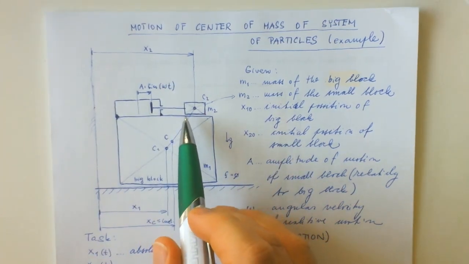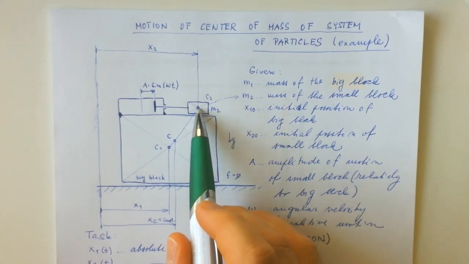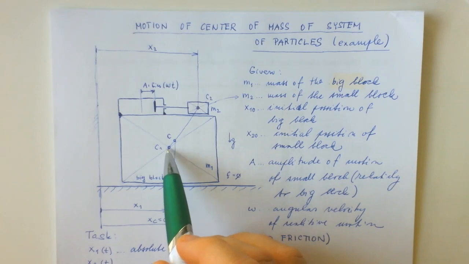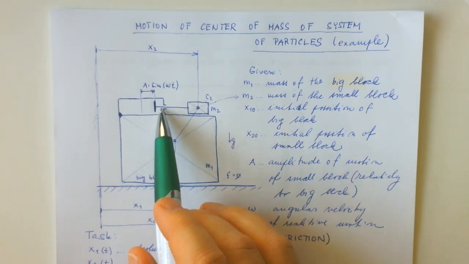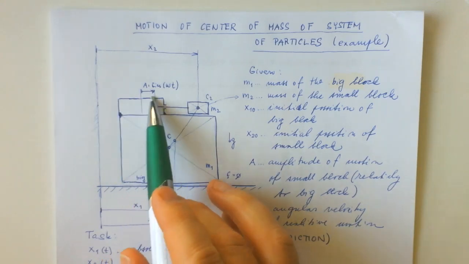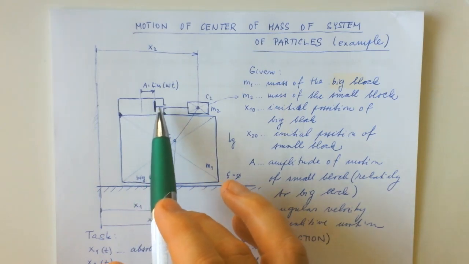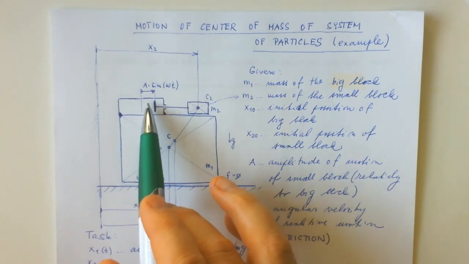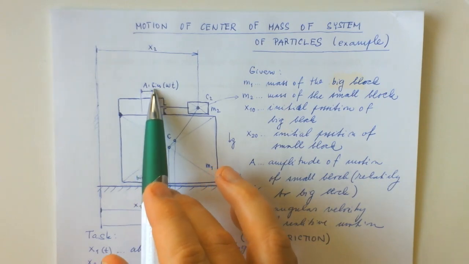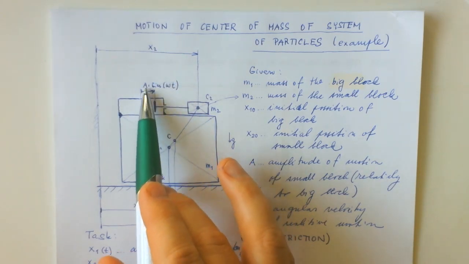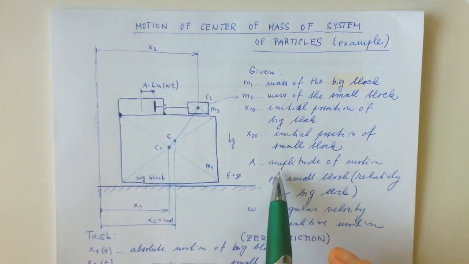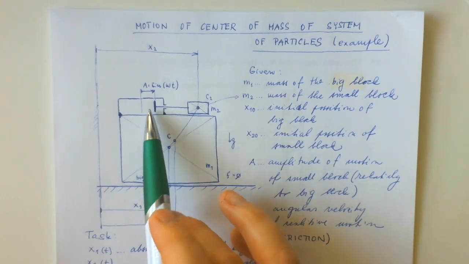And let's consider that small block can make motion relatively to big block. The principle of motion is that there is, for example, a piston which is operated by pressurized gas or anything, and this piston is moving in this time course. What is the amplitude of motion of small block?